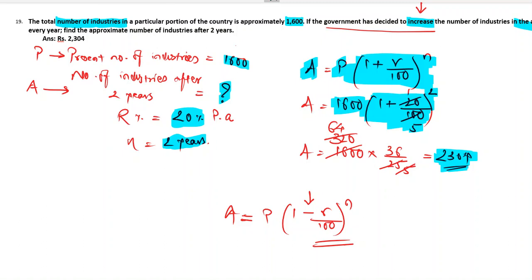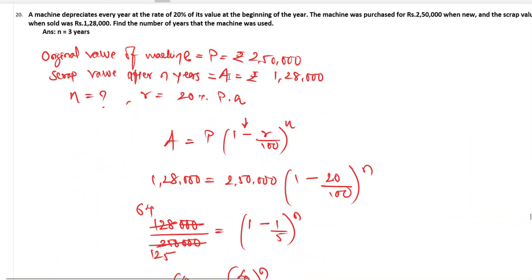So the number of industries after 2 years in the area becomes 2304. Right? So this was a very simple question of growth, where you had to find the value after n years. So the present value was taken as principal and the value after n years was taken as amount. We found the amount, and that is the answer. Let's go to the next question.